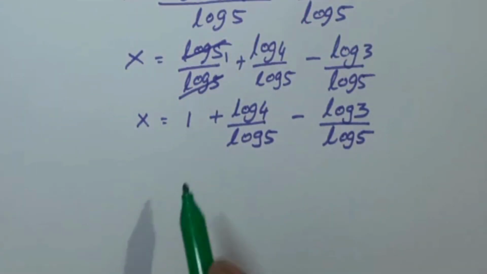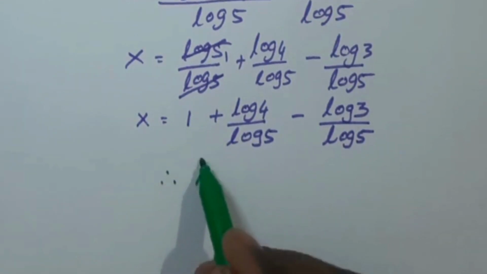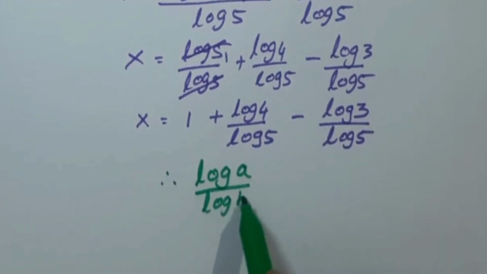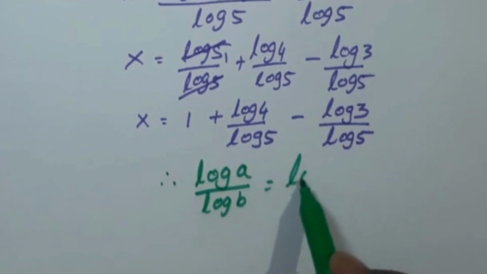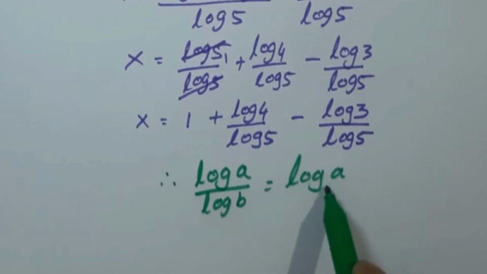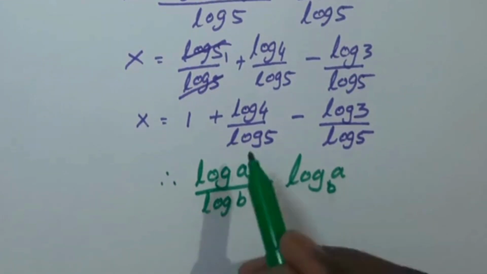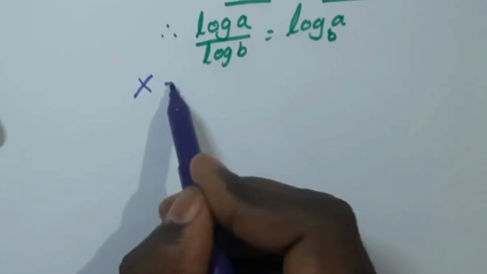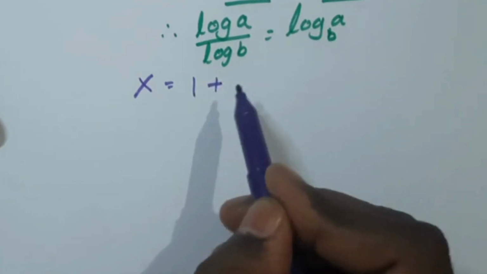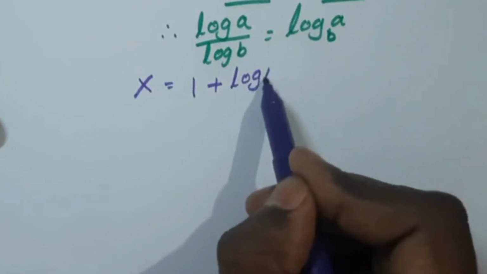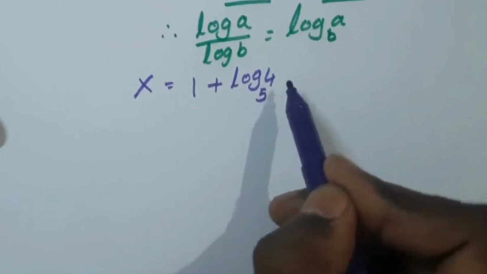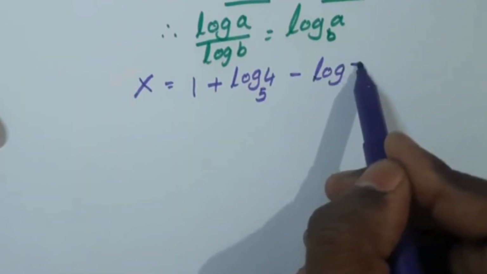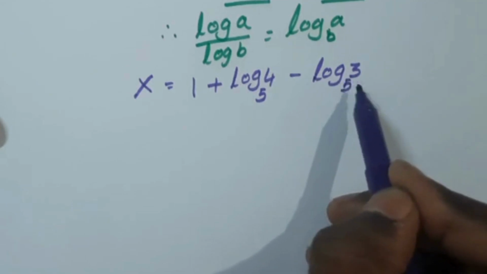Therefore we know the formula that log a by log b equal to log a base b. We are going to implement this here and here. X equal to 1 plus log 4 base 5 minus log 3 base 5. This is the x.